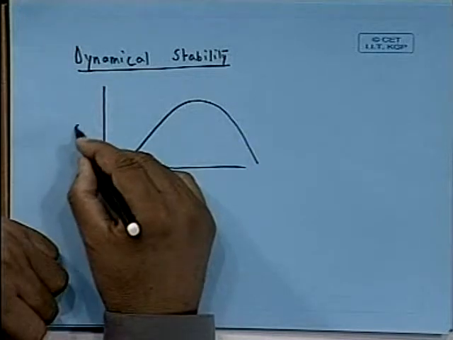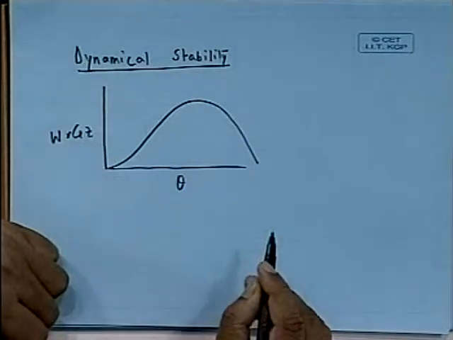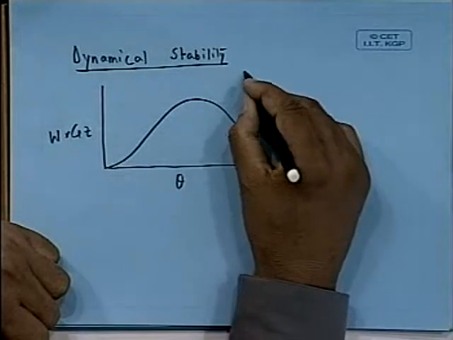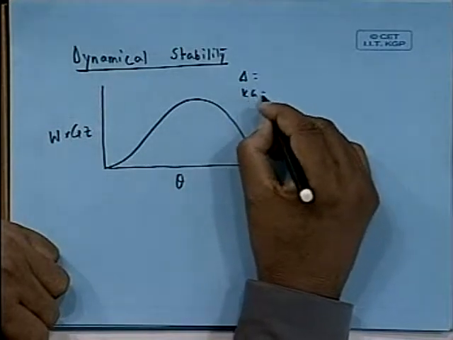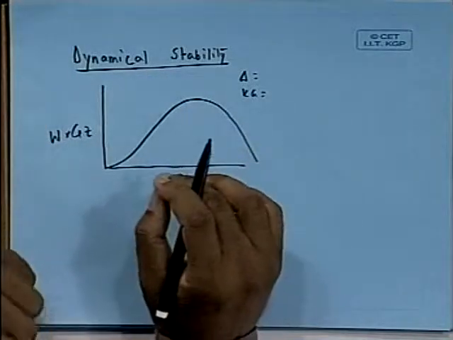Now here, instead of Gz, I am going to multiply that with weight. See, this is for a given displacement in kg. Now Gz was a righting lever.